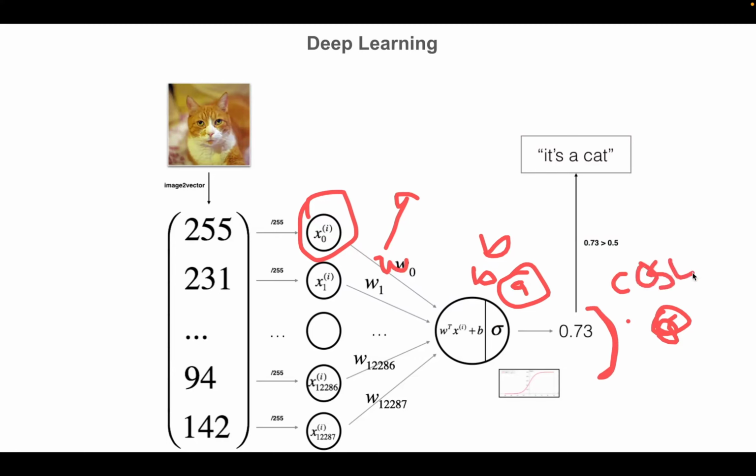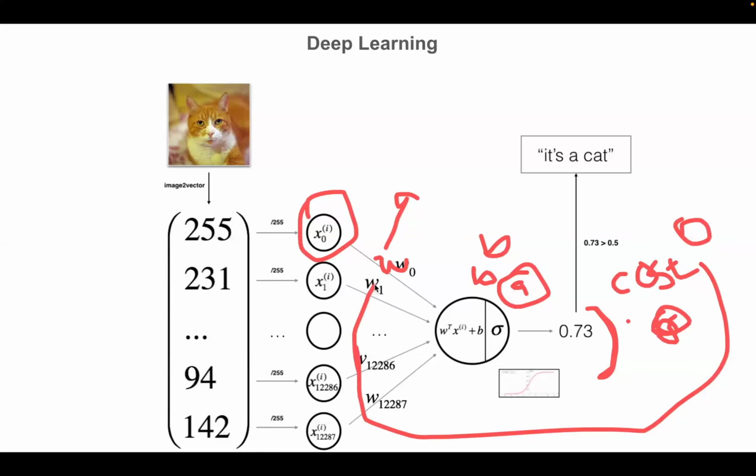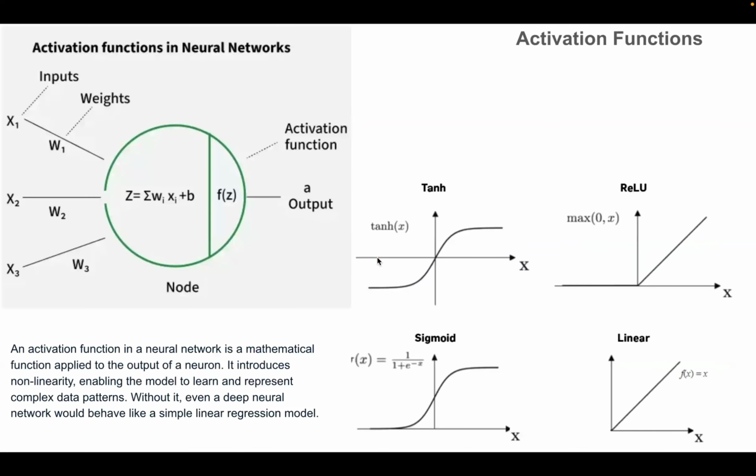We find the cost. How far is it from our output? And then based on that, we use it to update W and B. Once we update these numbers right here, we run the thing again, until we get the correct value.